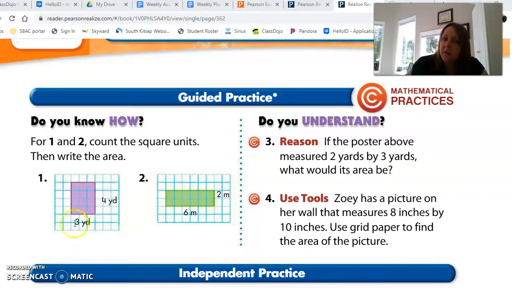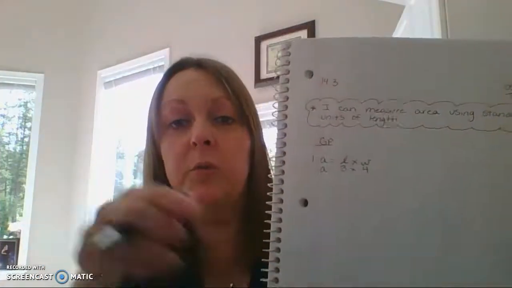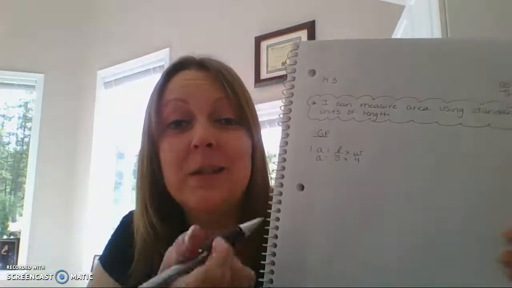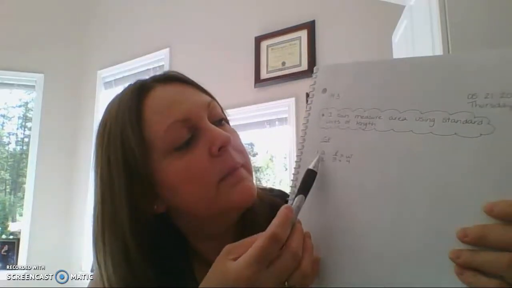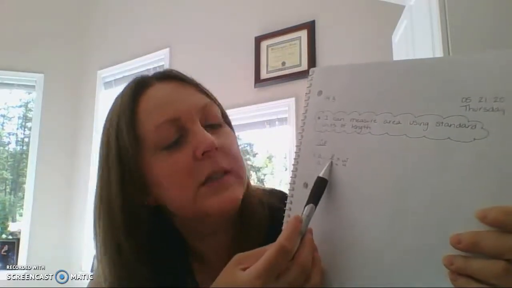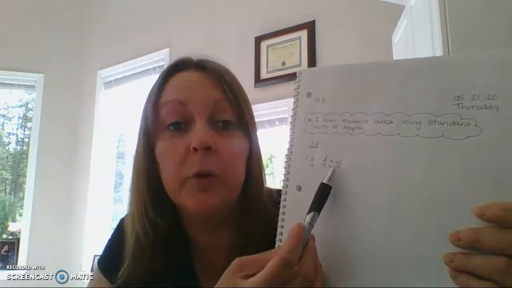So then we're going to fill in, and it's going to say area equals 3 times 4. Now my paper looks like this because it's really important that you drill in, that you memorize this: the area is length times width, this formula.